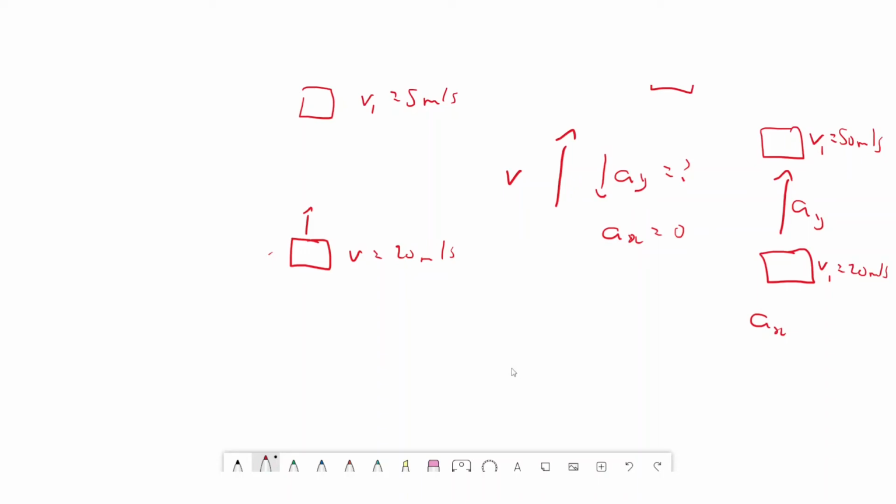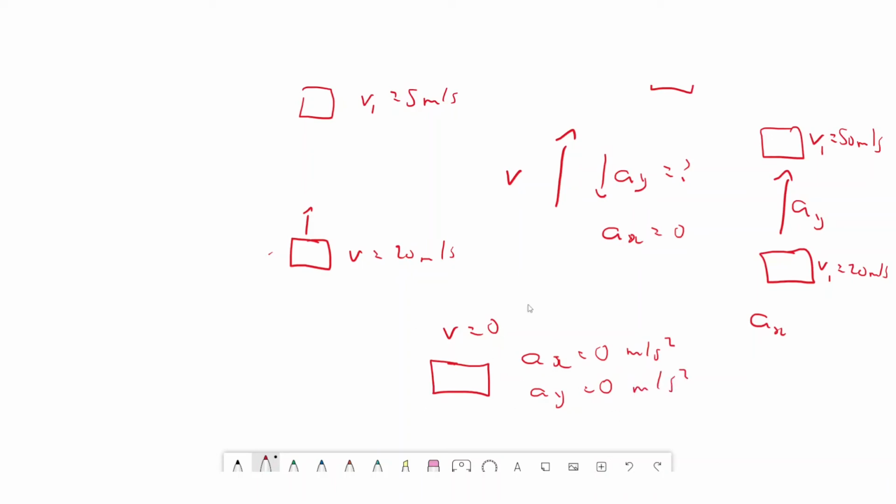If something is not going up or down, there's no AY. So there's only AY. If something is just standing still, there's no AX and there's no AY. So if I have an object like this, and the velocity is 0, so it's not moving. So in that case, AX is equal to 0 and AY is equal to 0 meters per second squared. All right.